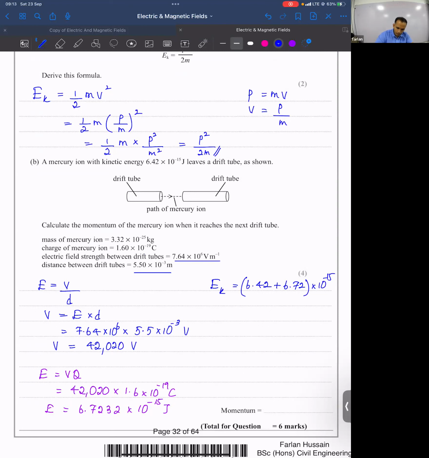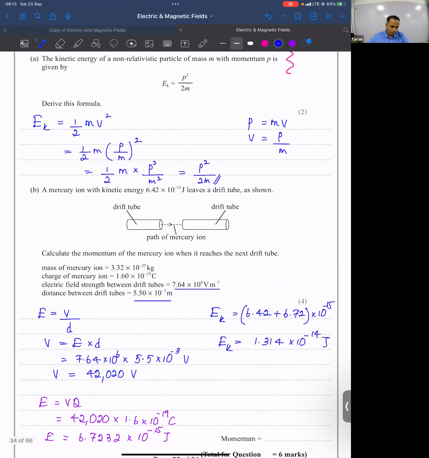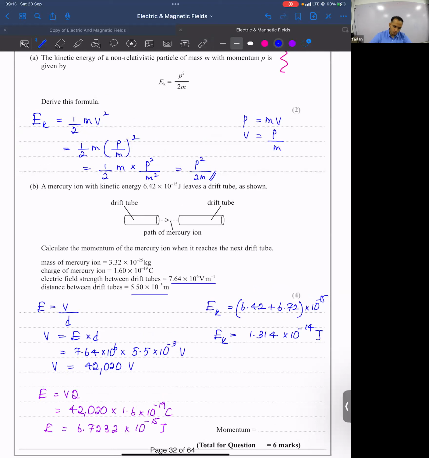Already you had 6.42, now in addition you are getting another 6.72 into 10 to the power minus 15, which is 1.314 into 10 to the power minus 14 joules, the kinetic energy of the particle when it reaches the other tube. Now from the previous part, we know the relationship between momentum and kinetic energy. So we are told to find the momentum of the particle when it reaches the other tube.